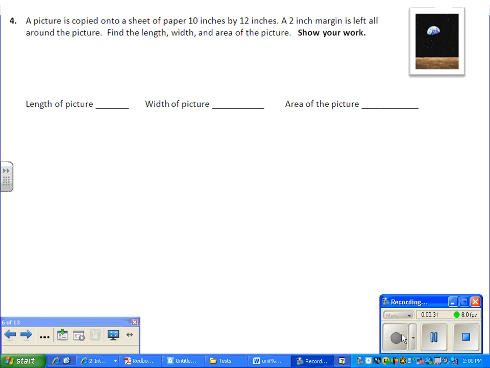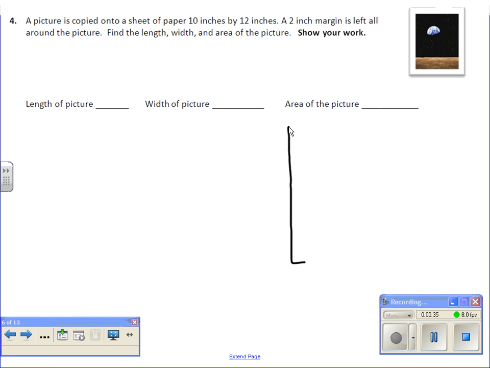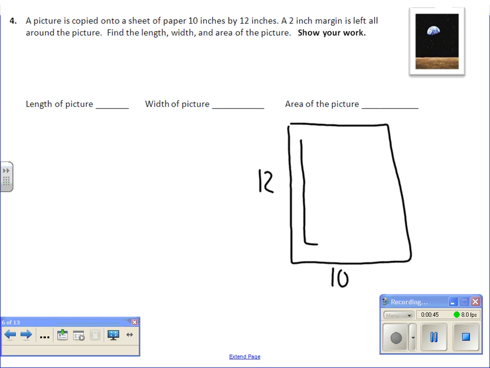Alright, so just because that is really kind of small, here's our piece of paper. It's 12 inches by 10 inches. And in here is going to be our picture. So what it's telling us is that there is a 2-inch border.